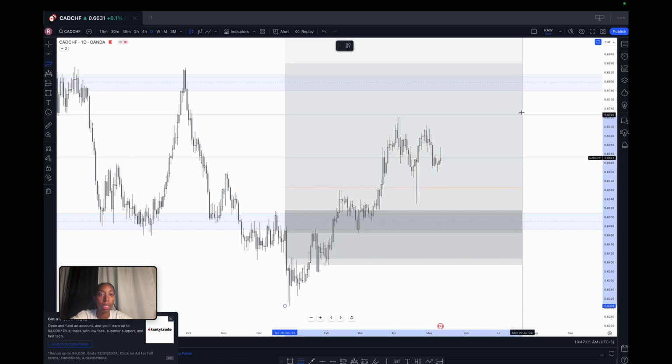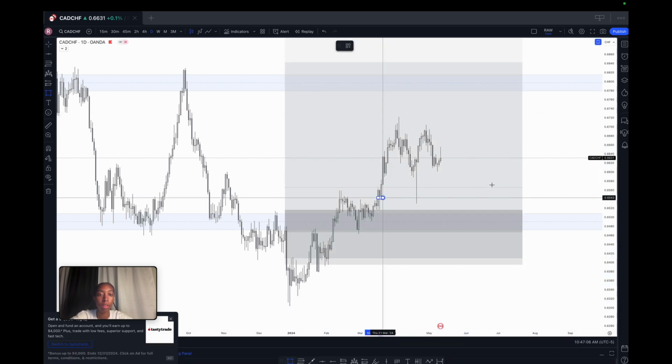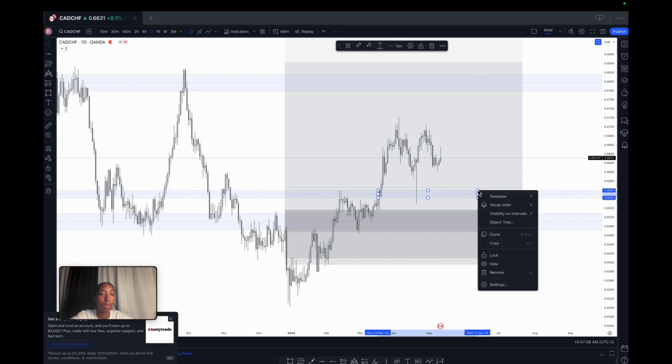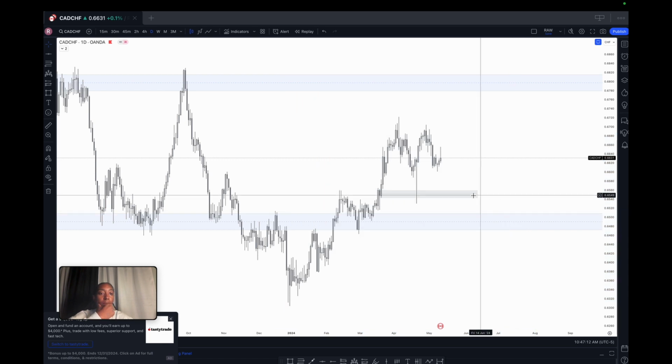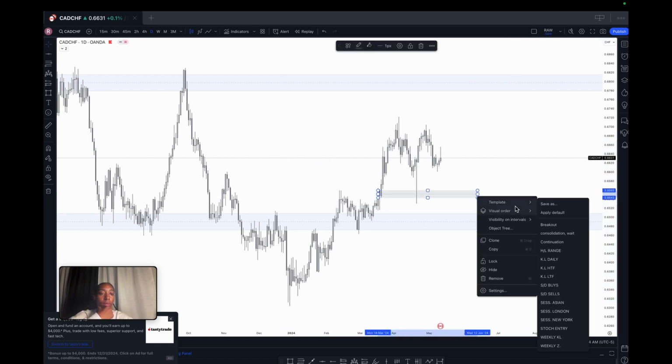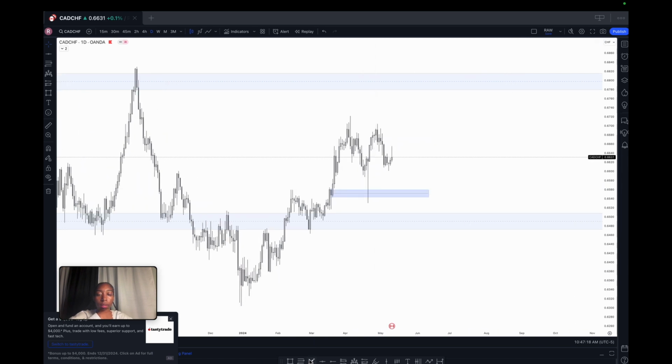So let's get the fibs out. This is definitely a level I see it coming to or can reach. Let's draw that on. Okay, then we want to trade within ranges, within ranges, within ranges.